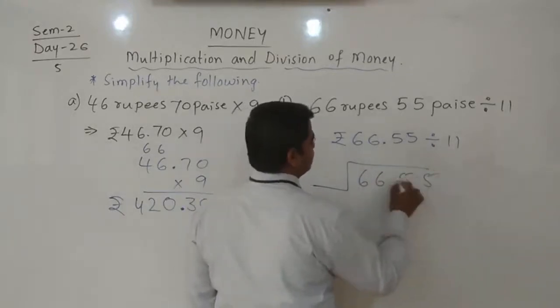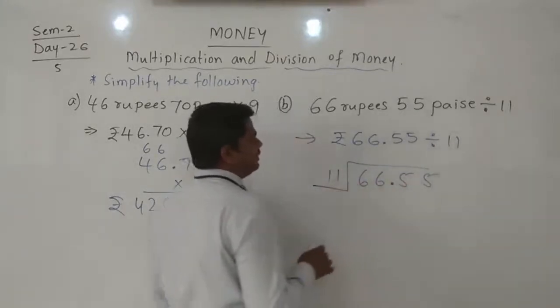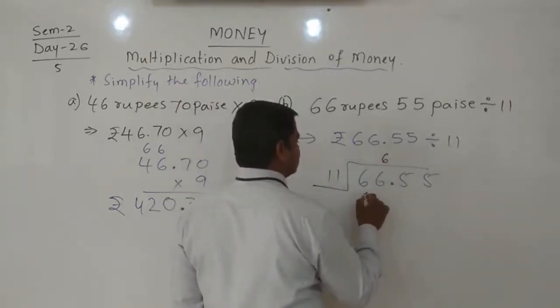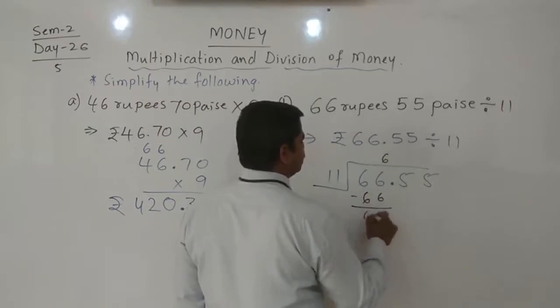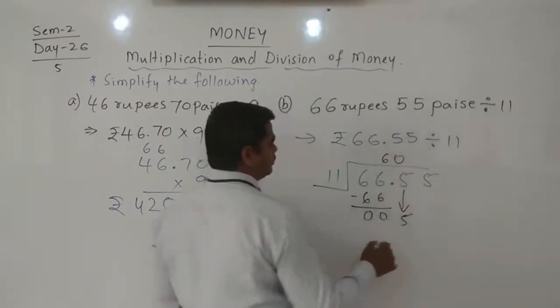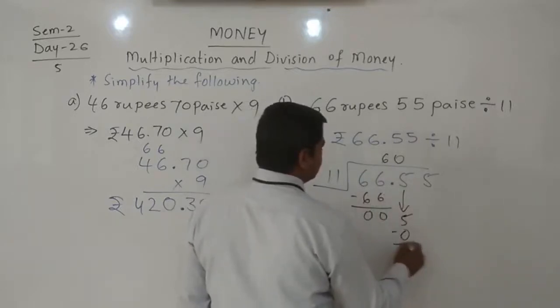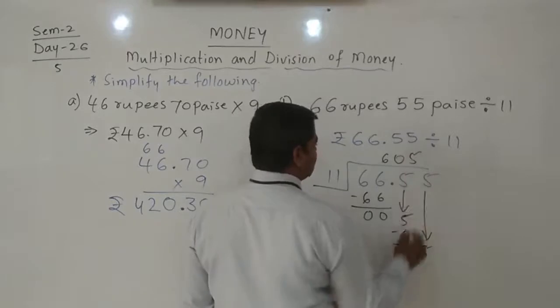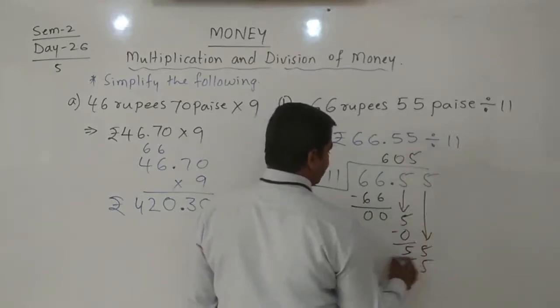6655 divided by 11. 11 sixes are 66. Then 0. Bring 5 down. 11 zeros are 0. Then 5 remains. One more 5 bring down. 11 fives are 55.